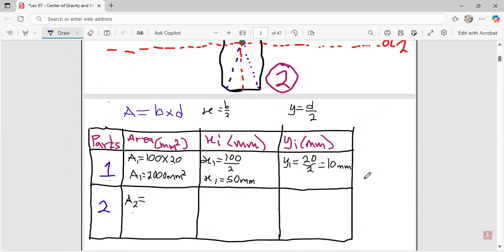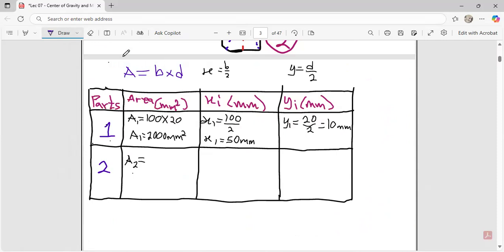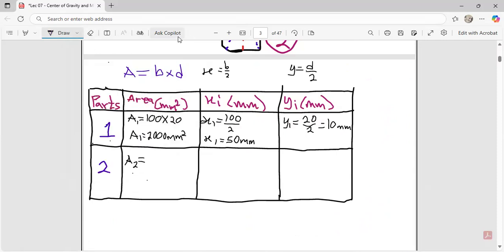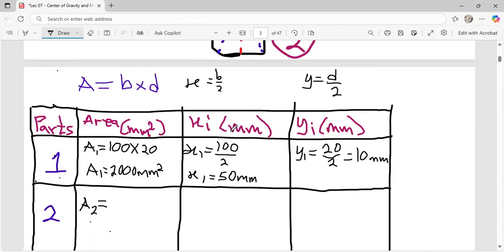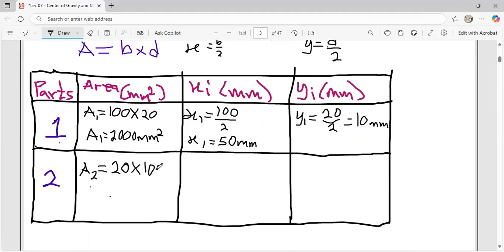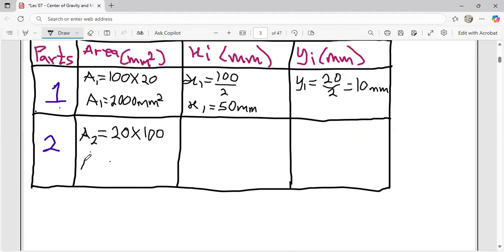Good. So in writing the answer for that, it's going to become 20 times 100. Because they are all carrying mm, from the laws of indices, the unit is going to become mm squared.